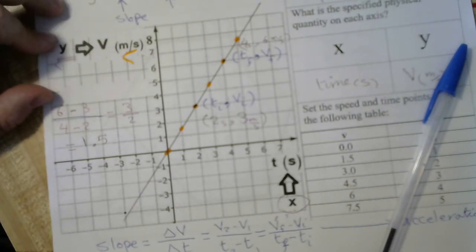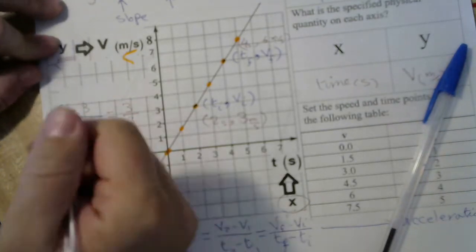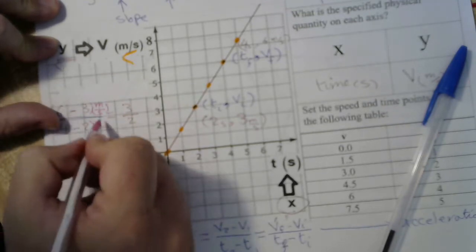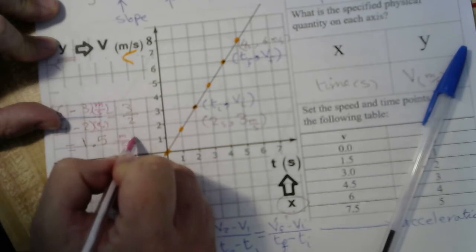Get back to the units. The unit for velocity is meters per second. The unit for time is seconds. So I have meters per second per second.